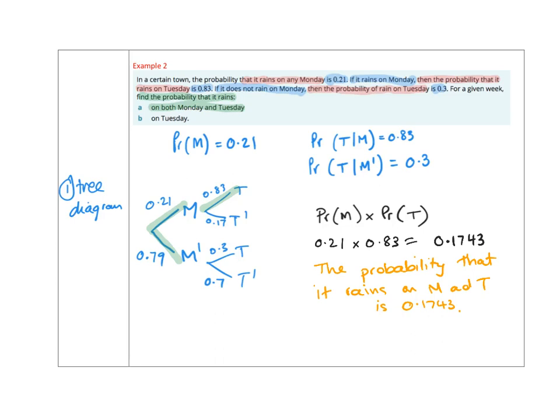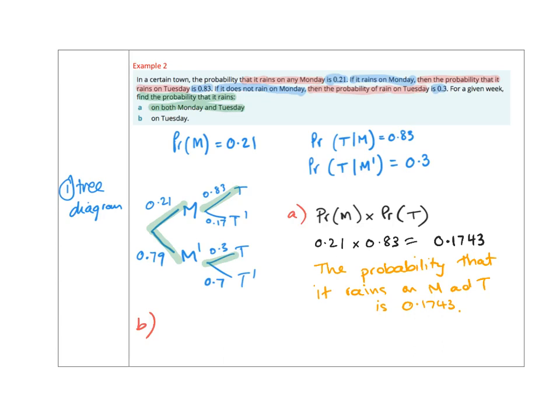There's the probability of both Tuesday and Monday occurring, which we've already found, and the probability of Tuesday and not Monday occurring. This being part A and this being part B, we can just add these two possibilities together. So Monday and Tuesday, and not Monday but yes for Tuesday.